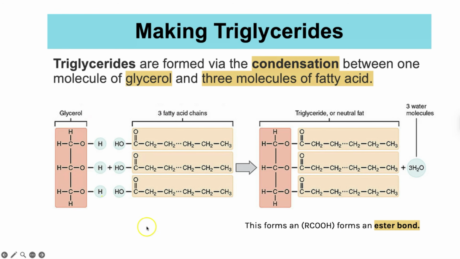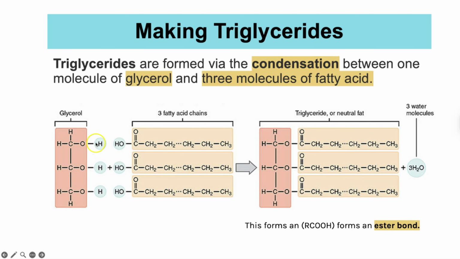And this is just showing you a bit more detail about the condensation reaction between the one molecule of glycerol and the 3 fatty acid chains. So here is glycerol. You don't need to learn the chemical structure of it, but we do have glycerol with the hydrogens on this side, fatty acid chains which end in a carboxyl group, C double bond O, OH.